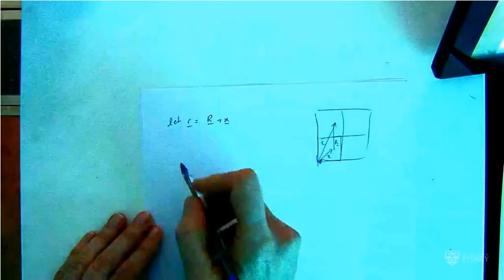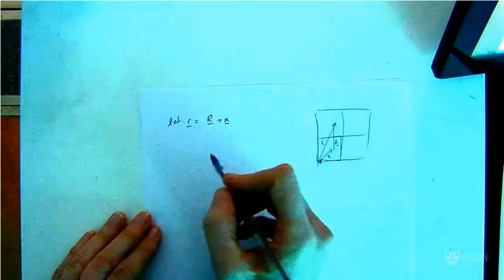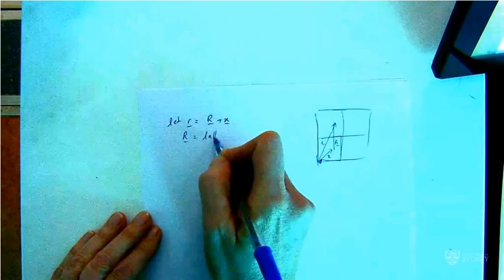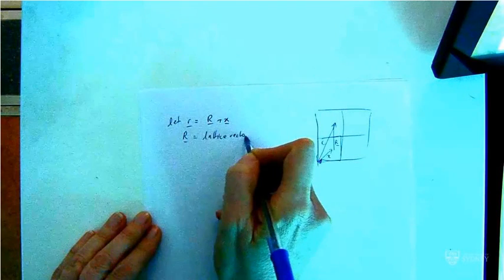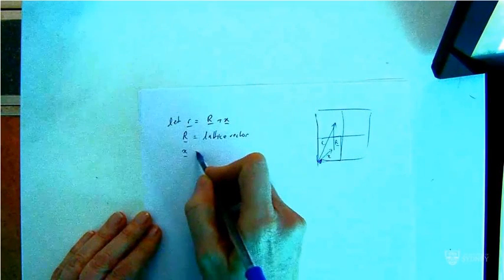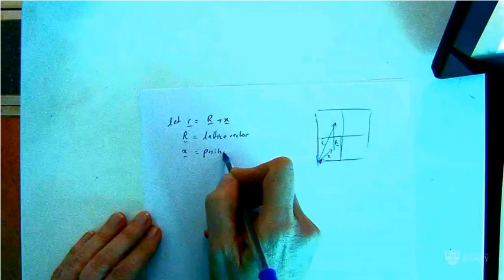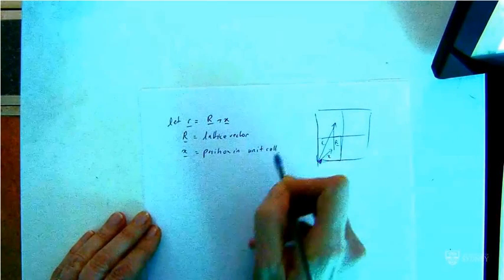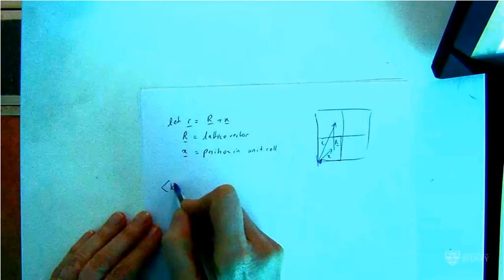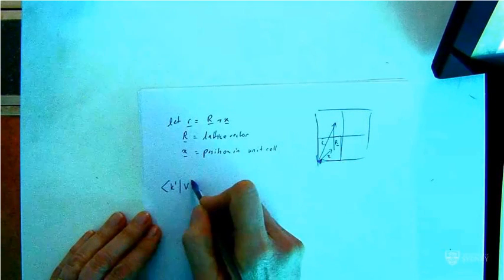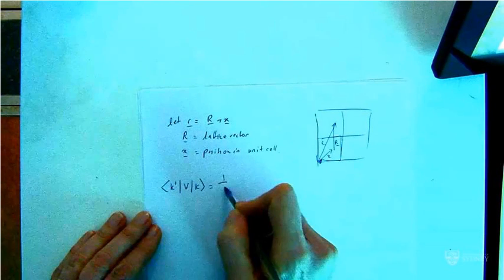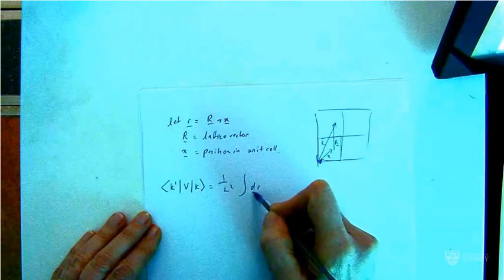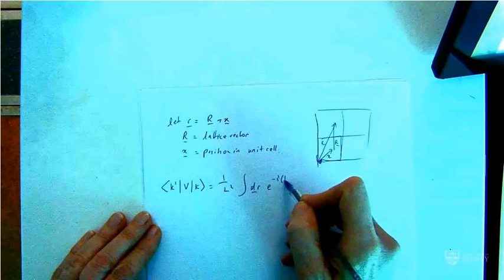And then, as I said before, R is a lattice vector, and x is the position in the unit cell. We had this from before.